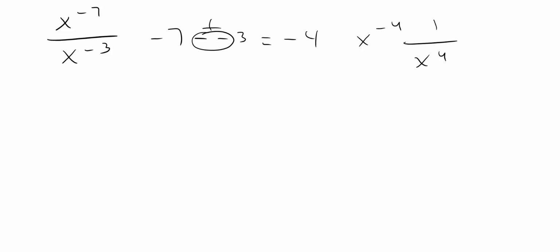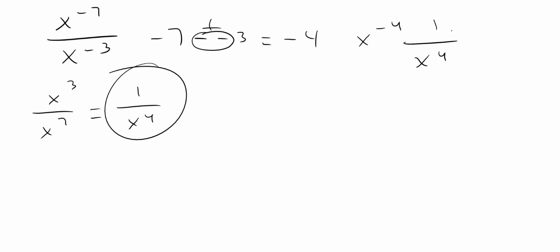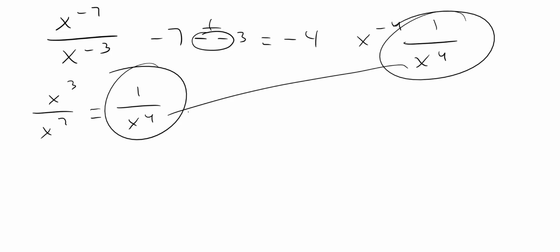That's a lot of steps. Let's do Civil War battle. The spies go home first, so you get x cubed on top and x to the 7th on the bottom. Now I do battle. Who wins? The bottom wins by how many? 4, right? So it's 1 over x to the 4th, and we're done. A lot easier. Civil War is easy.